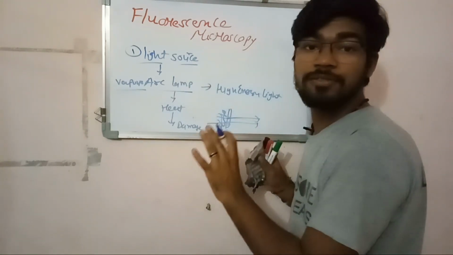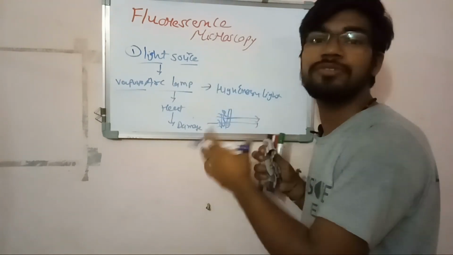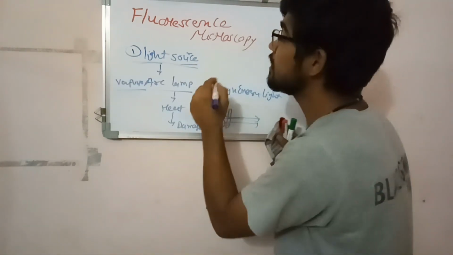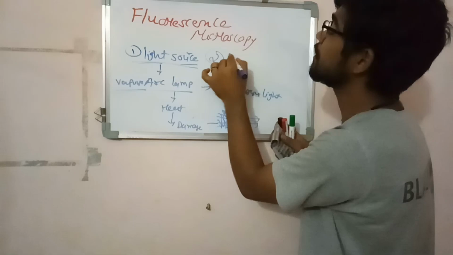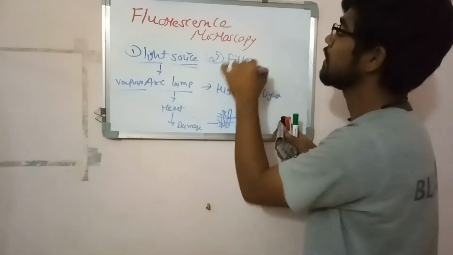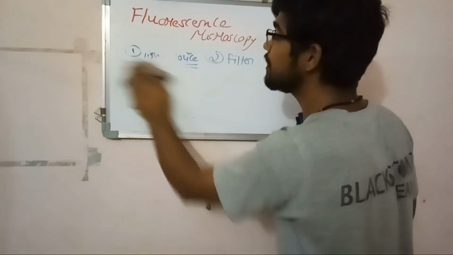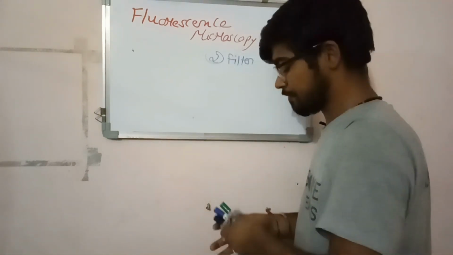What is the function of the filter and how many types of filter do we use? We are talking about that next. The first was the light. The second thing is the filter. We use two types of filter: the excitation filter and the barrier filter.